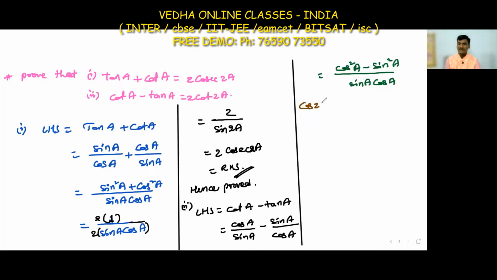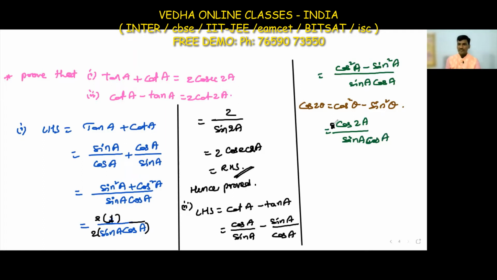This is the cos 2 theta formula: cos 2 theta is cos square theta minus sin square theta. If we apply the same formula here, we get cos 2A divided by sin A into cos A. For this I am multiplying and dividing by 2, because what we want is 2 cot 2A.